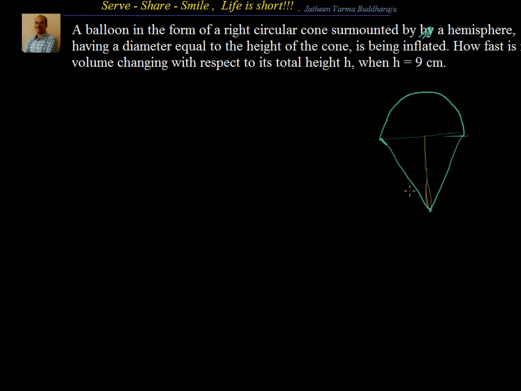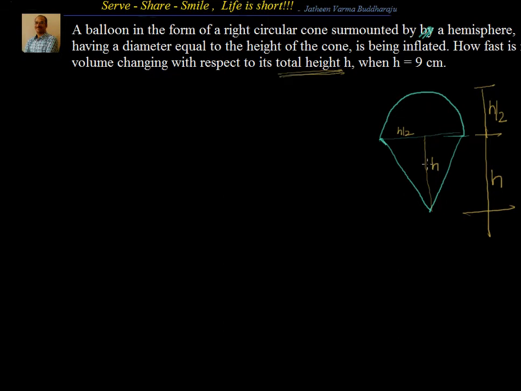If I take height of the cone equal to h, then the radius is equal to h by 2. So we have h by 2 here and this is h. How fast is volume changing with respect to its total height h?